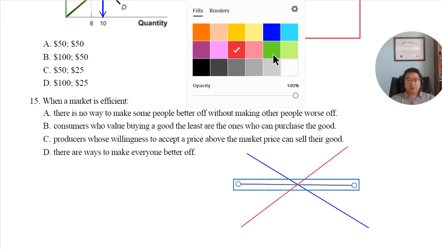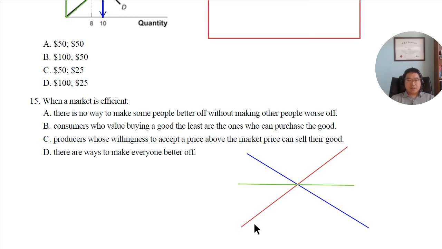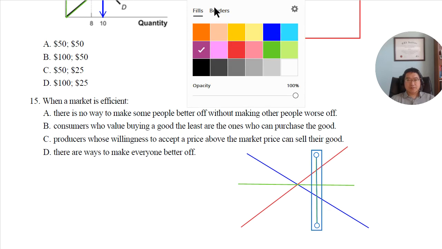This is the market price. Make it green. All right, and whose willingness to sell is below the market price, below the green line, they can sell. So everybody is happy, right? If we change the situation, go beyond, make a line here at some different price level, make this one purple.